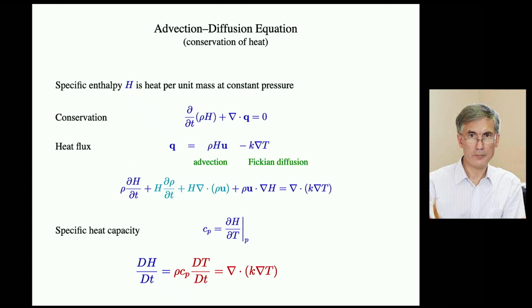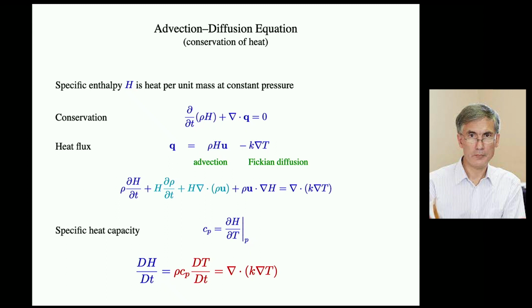Okay. We start with a conservation law, and all conservation laws have the same form. They have the form of a time rate of change of the density of something. In this case, the density of heat per unit volume.